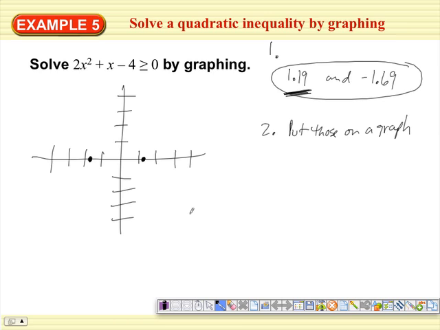Now, the next step, actually let's just put it under step 2. We'll say sketch the curve. Which means all you have to do is look at your calculator and say, actually you don't even have to look at your calculator. Is this thing going up or down? You can tell by the A. It's going up, right?